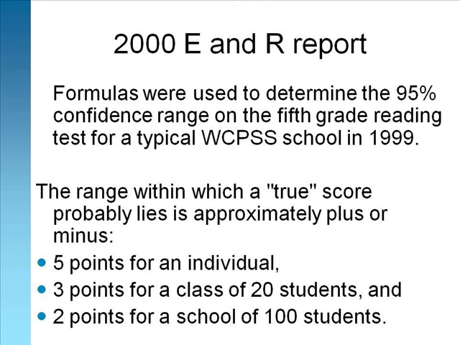The report stated that the range within which a true score probably lies is approximately plus or minus 5 points for an individual, 3 points for a class of 20 students, and 2 points for a school of 100 students.